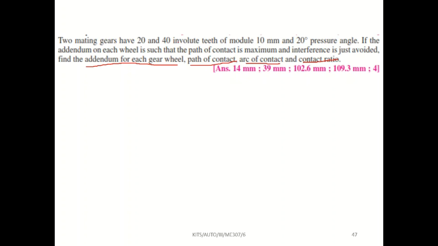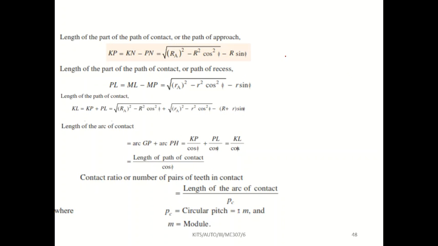Okay, but they have given a condition: the path of contact is maximum and interference is just avoided. What does that mean? We know the formula for path of approach, path of recess, and also path of contact.